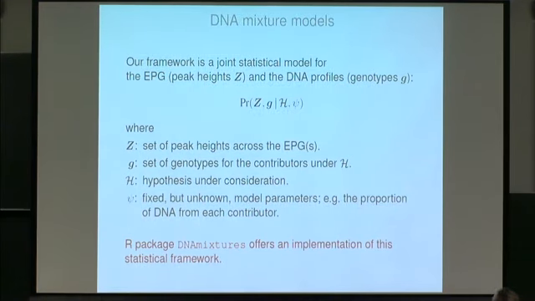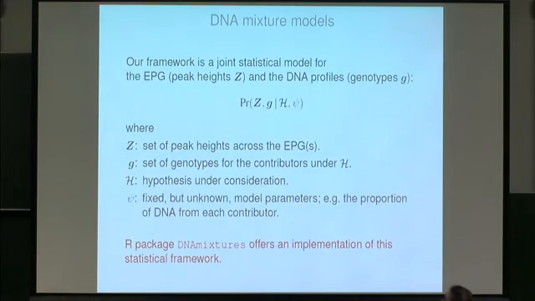Right. So the model looks like this. This is for a given hypothesis and a given set of model parameters for the measurement process. I look at a statistical model for all the genotypes of the contributors that are in the hypothesis and all the peak heights that I observe in my EPG, or maybe many EPGs if you have replicates, or for some other reason more EPGs.